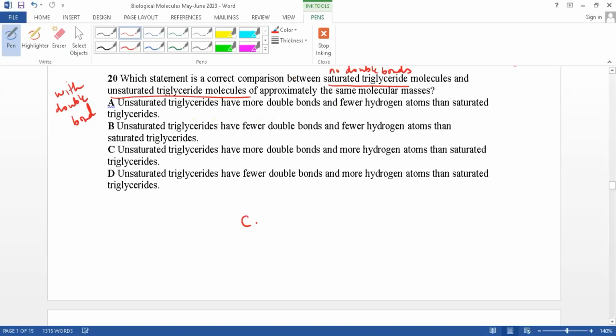Like if this is a hydrocarbon tail, or another hydrocarbon tail with a double bond in it, over here only one hydrogen will be present. Again, here only one hydrogen will be present. Here there would be two, because carbon can be bonded to 4.